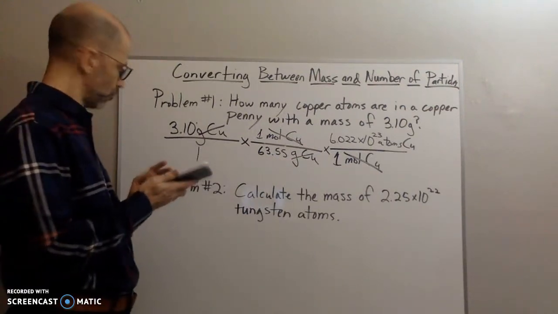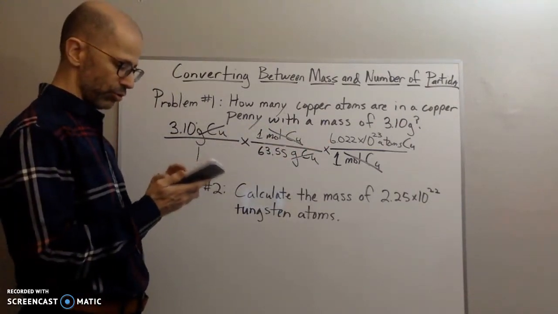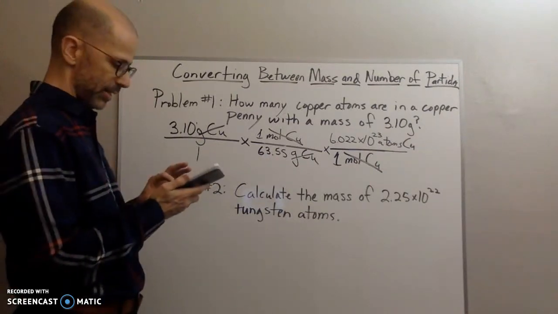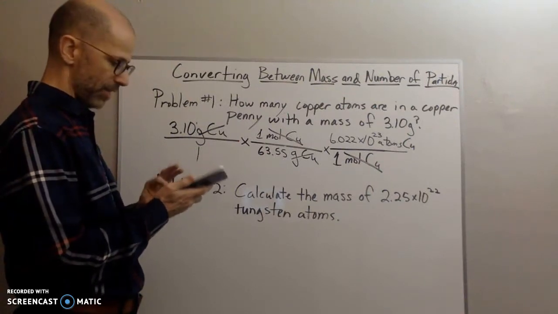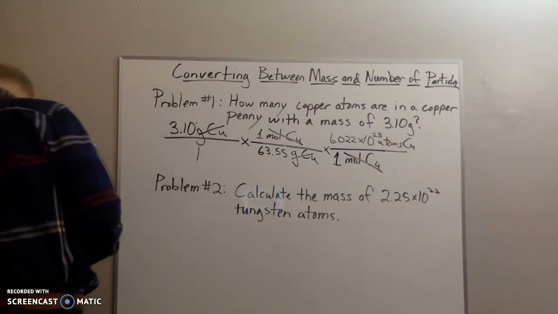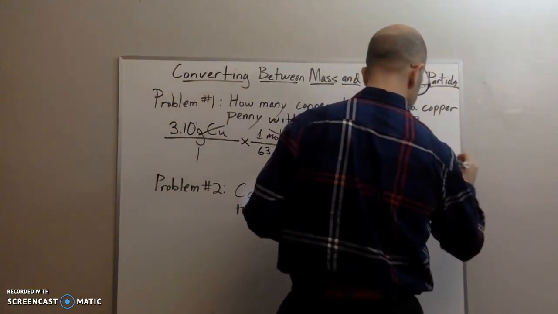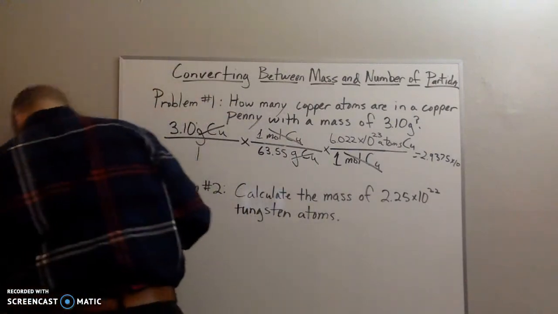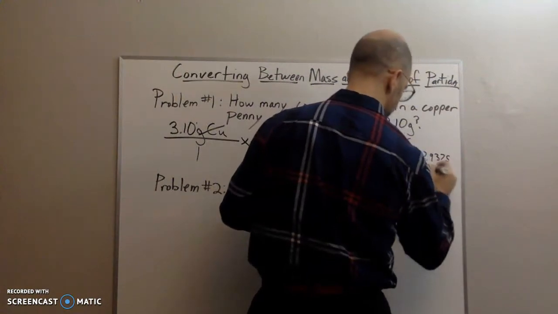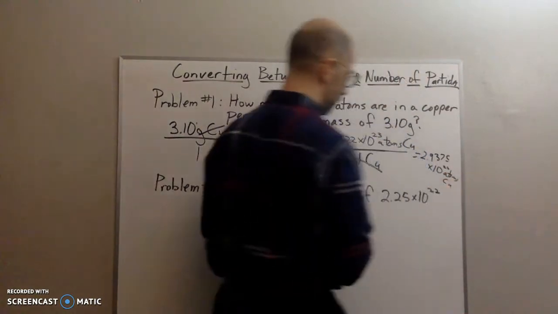So I have 3.10 times 6.022 times 10 to the 23rd divided by 63.55 equals, and I get 2.9375 times 10 to the 22nd atoms of copper.